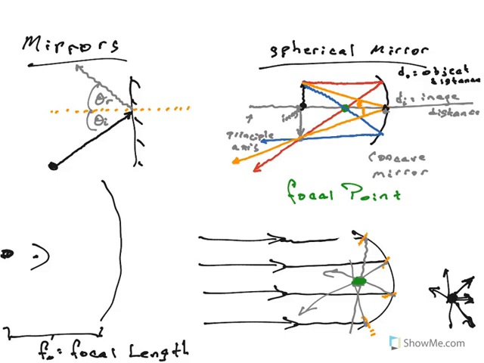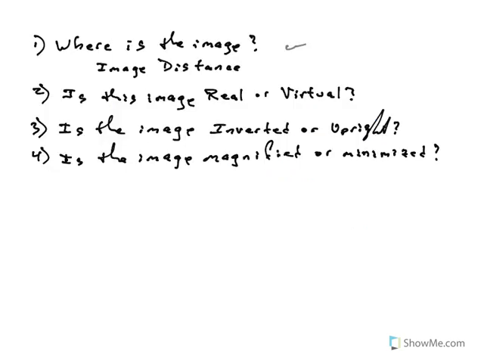So to figure out if this is real or virtual, it turns out if the image is located on the same side as the object, then it's real. So if the object was on the left side of the mirror, you do your ray tracing and your image arrow is also on the left side, it's a real image. Virtual image is if the image is on the opposite side.